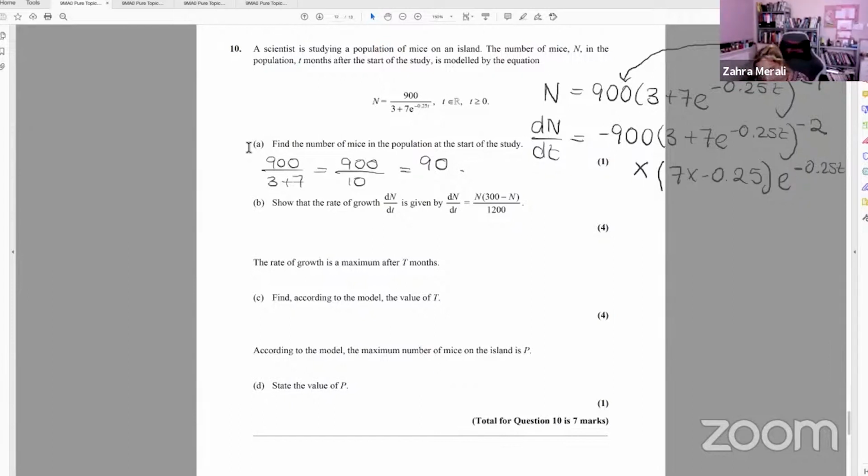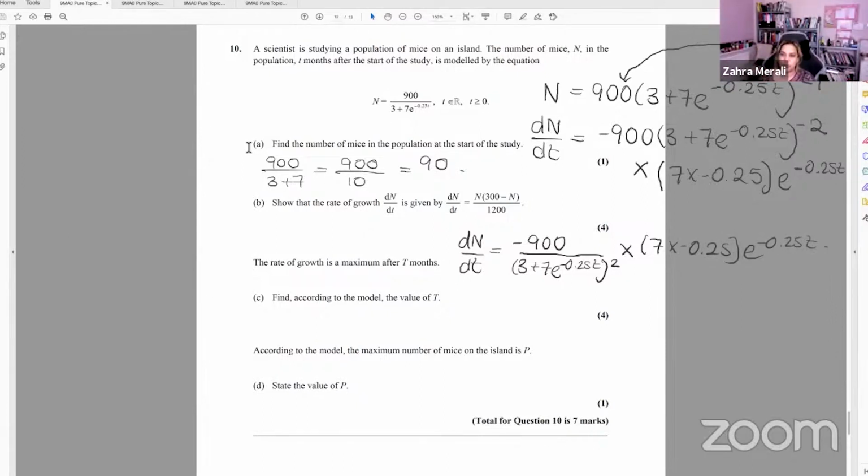So now I'm left with, hopefully I've got enough space, dN/dt equals minus 900 over, because minus 2 is on the denominator, (3 + 7e^(−0.25t)) all squared, multiplied by 7 times minus 0.25 e^(−0.25t).